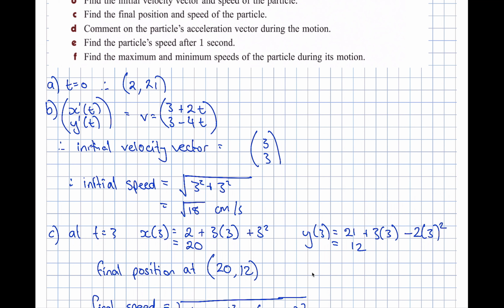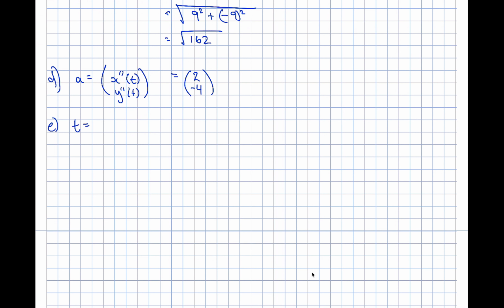So we've done acceleration. E: find the particle's speed after 1 second. So at time equals 1 second, we want the speed, so speed is equal to the square root, and we'll just go back up here and remember our velocity vector.